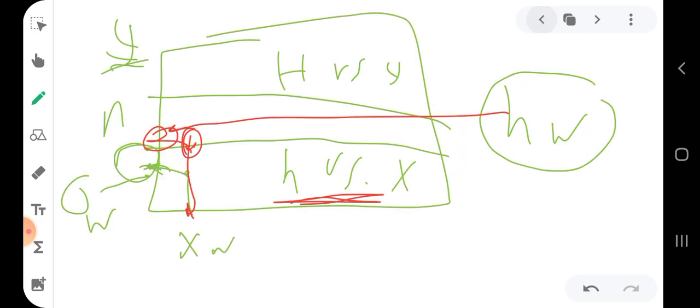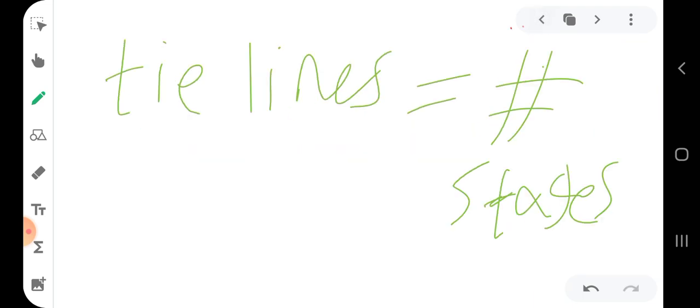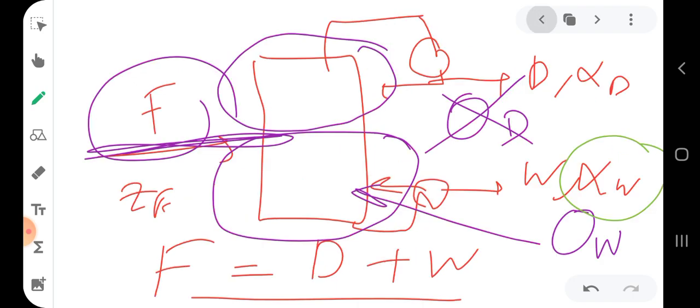Okay, so I know HW, and how can I know W? From the overall material balance. Remember the overall material balance?